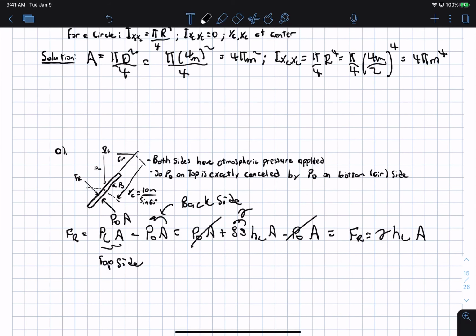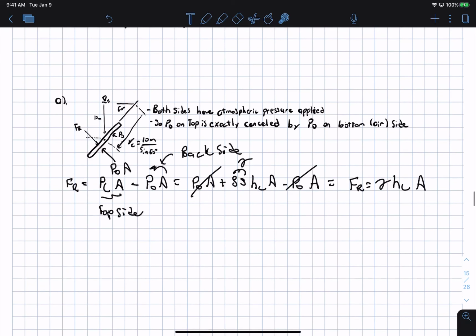So we want to find the net force. We know gamma, we know the height at the centroid, and we know the area. So we can just stick in the numbers. Then we get the resultant force is equal to 9.80 kilonewtons per meter cubed times 10 meters, because that's the depth of the water to the shaft, which is pinned through the center of the circular gate, times the area, which is 4 pi meters squared.